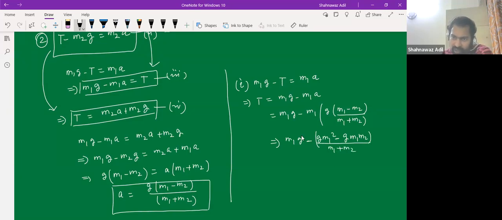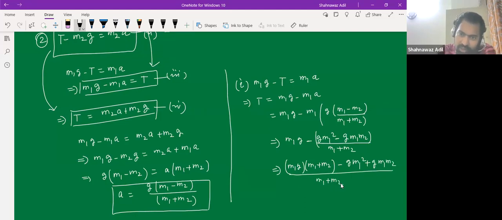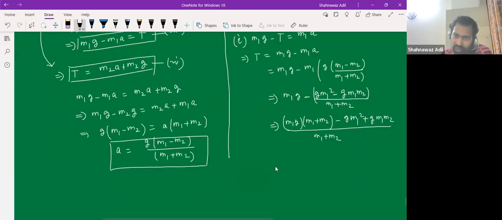Okay, so if we take the LCM, so this is M1g into M1 plus M2 and minus g M1 square plus g M1 M2 divided by M1 plus M2.